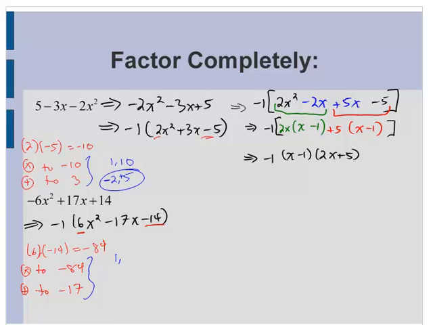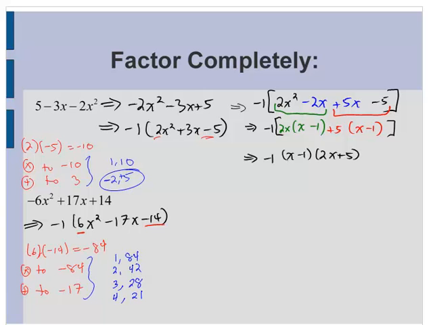So let's see, 1 and 84, 2 and 42, 3 and 28, 4 and 21.